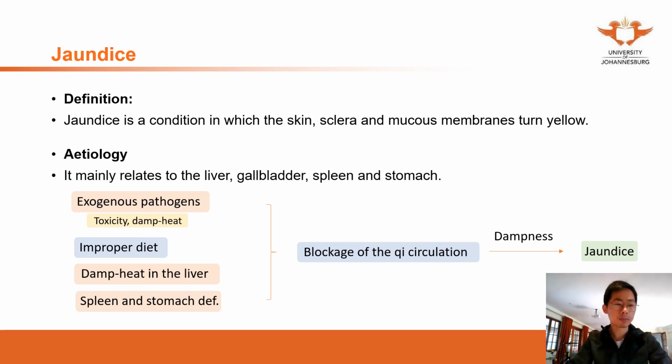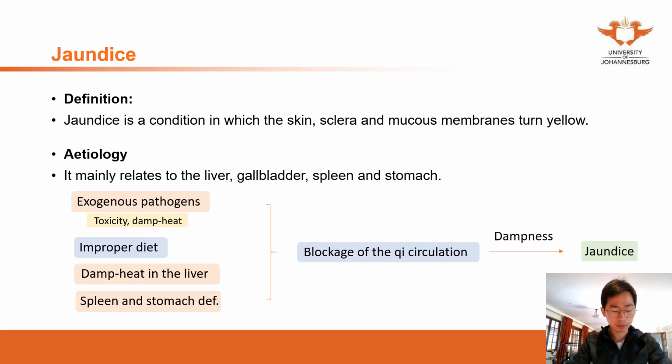Jaundice is very similar to the other diseases that we have discussed, such as abdominal pain, constipation, and diarrhea. This disease has been documented for a very long time. From the 黄帝内经, we already have a very detailed explanation of jaundice.